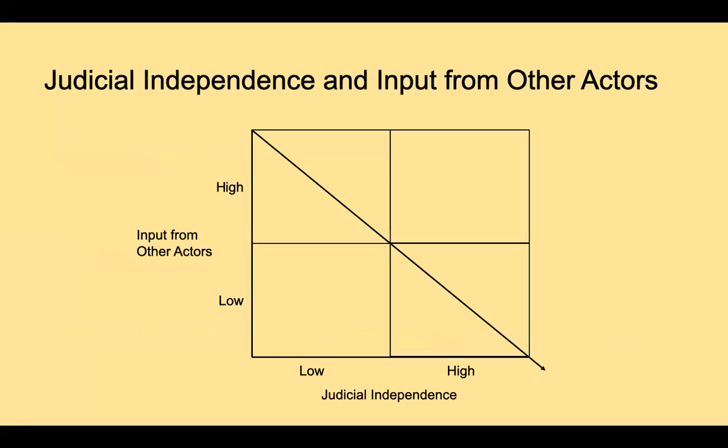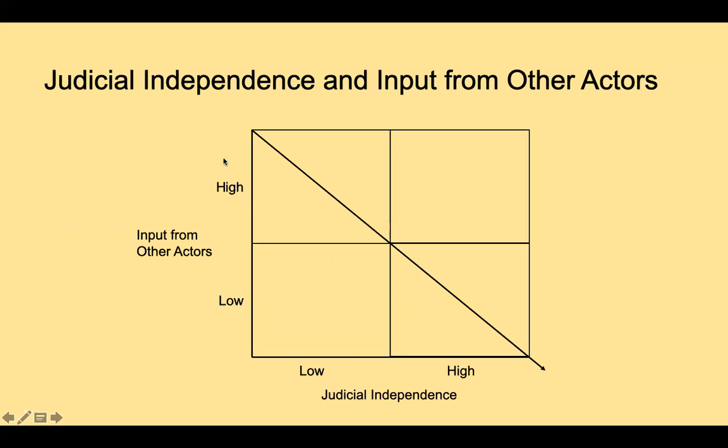Before we continue, let's just try to visualize how we would array the different forms that judiciaries would take based on the level of input from other actors and the resulting level of judicial independence. Generally speaking, as a reminder, we expect to see an inverse relationship between input from other actors and judicial independence.